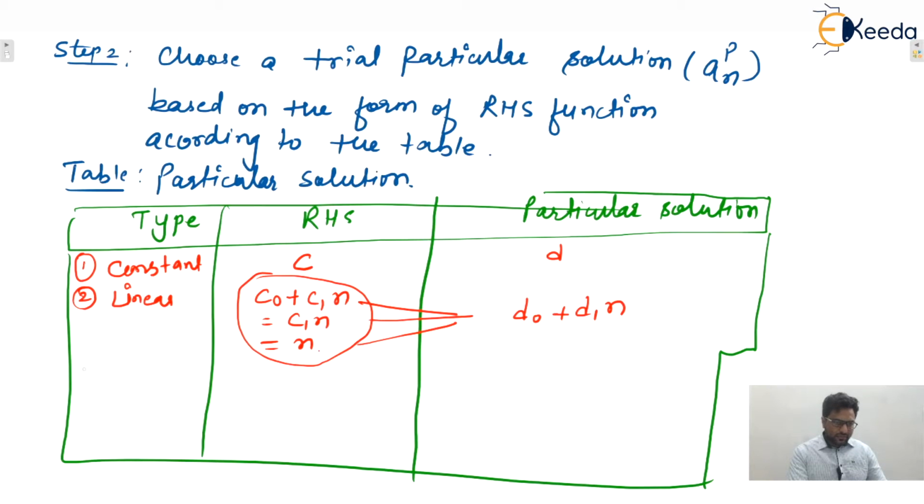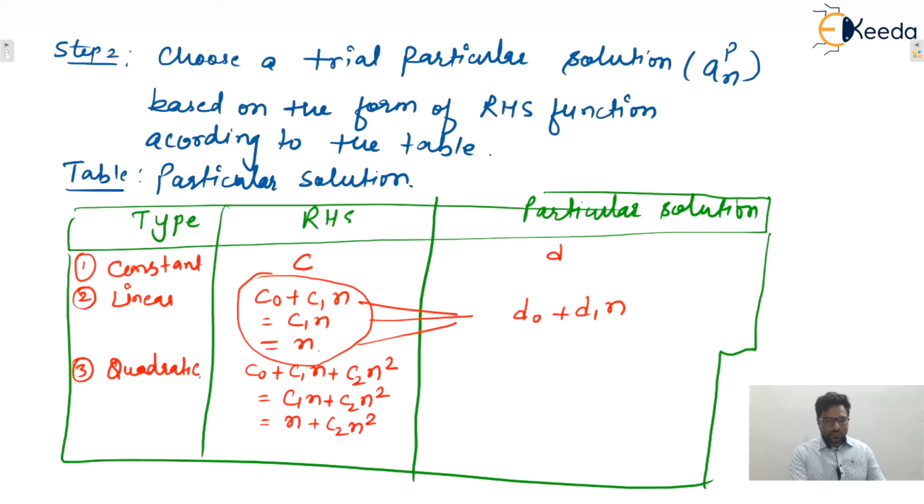Third one is quadratic. Let's say this is c0 plus c1n plus c2n square, or it could be c1n plus c2n square, or n plus c2n square, or c2n square, or only n square.